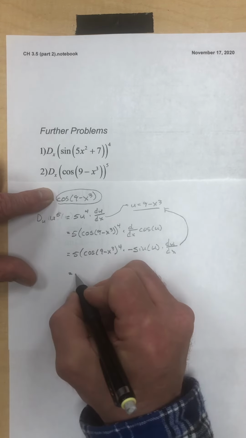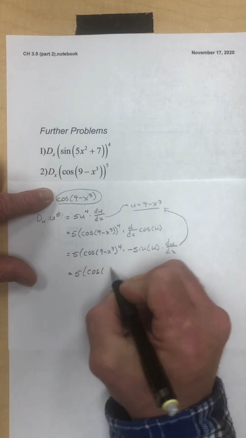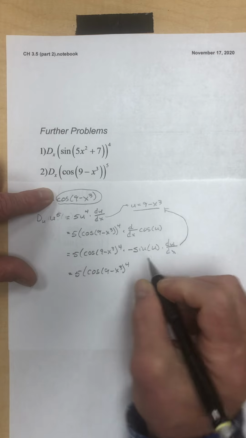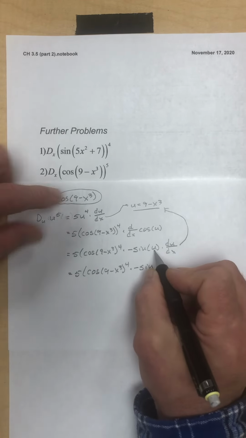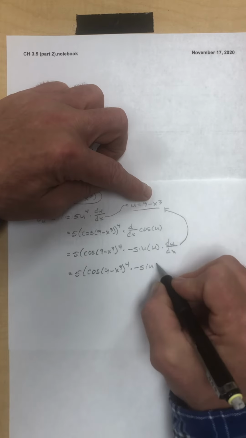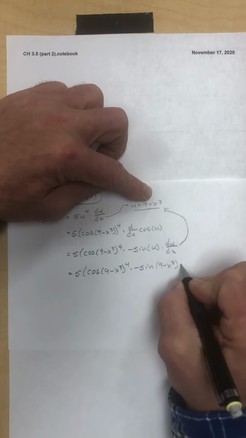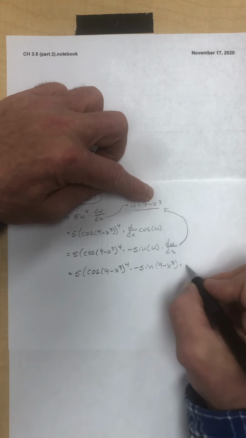So we've got 5 times the quantity of the cosine of 9 minus x cubed to the fourth, times the opposite of the sine of 9 minus x cubed, since this u is right here, times the derivative of u, which would be negative 3x squared.